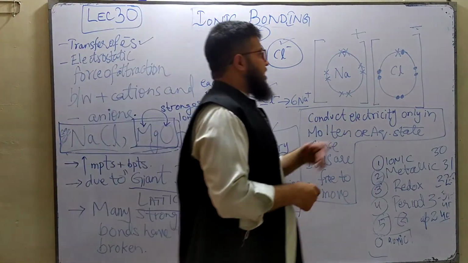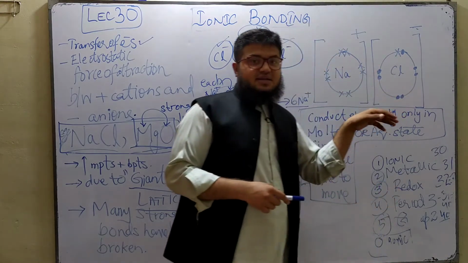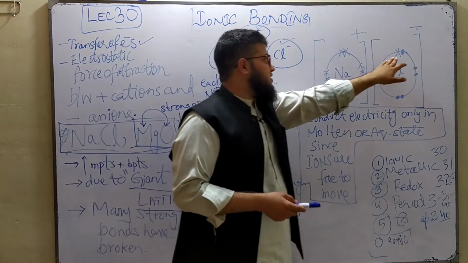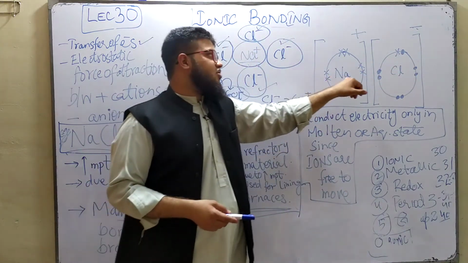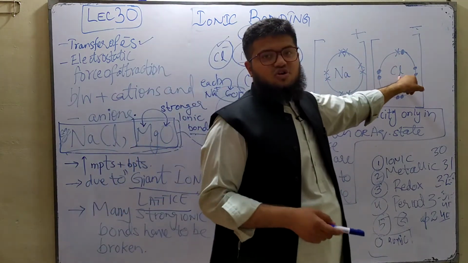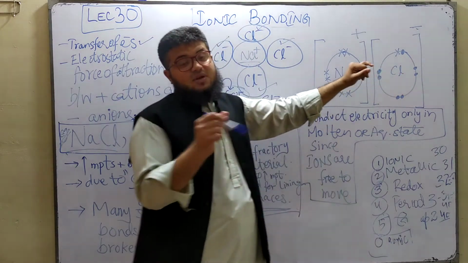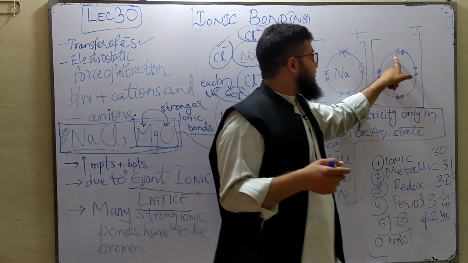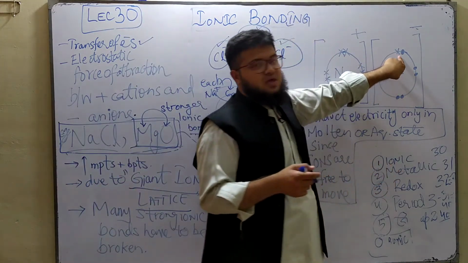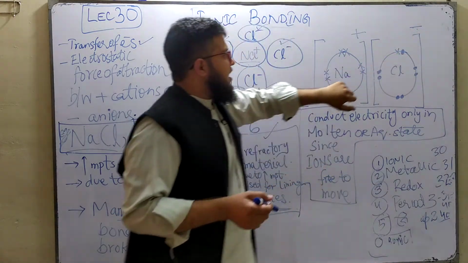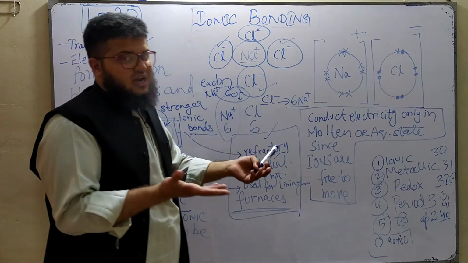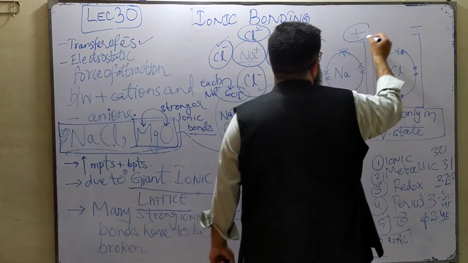Whereas the chloride accepted that electron from the sodium, and as a result, that electron is also shown over here. The crosses represent the electrons of sodium and the dots represent the electrons of chloride. Since chloride accepted 1 electron from sodium, I have shown that electron to be a cross. Of course their charges have to be mentioned, and it is assumed that they have electrostatic forces because of their opposite charges.